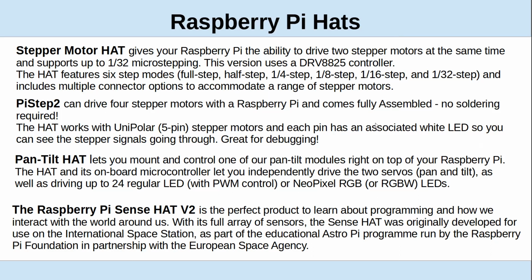See, the Pi step 4 is similar to that one. I guess the basic difference on the Pi step 2, it's working with unipolar steppers, which are the smaller ones that use 5 wires instead of the 4 wires on the bipolar.